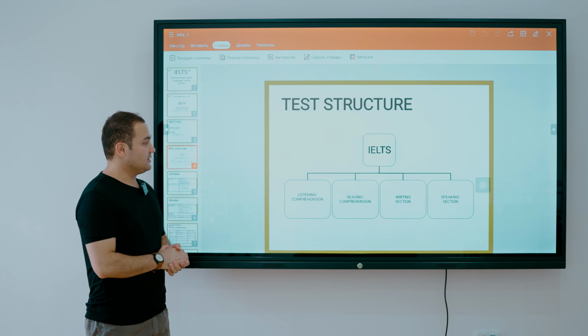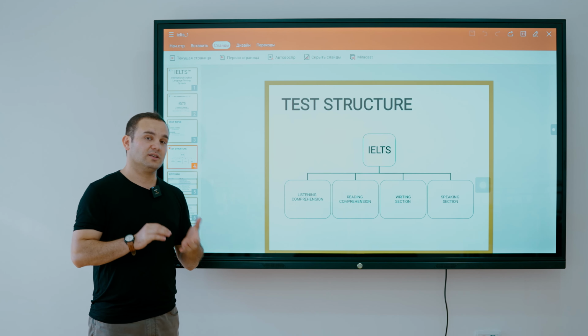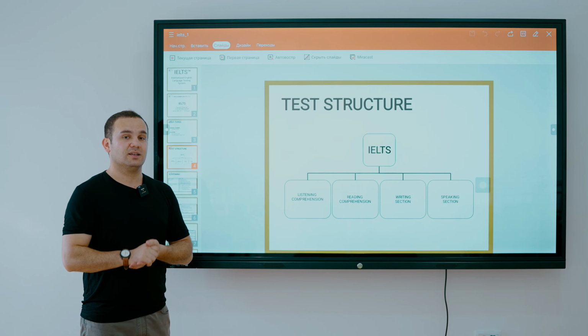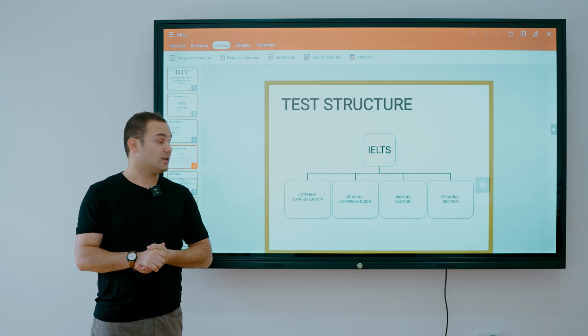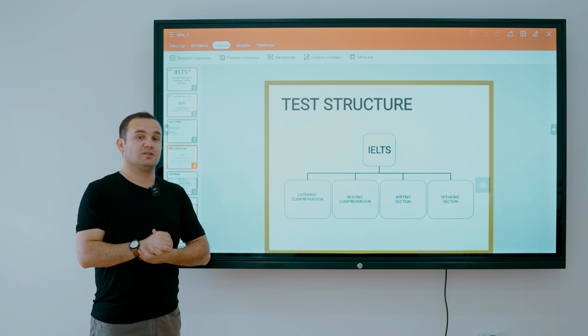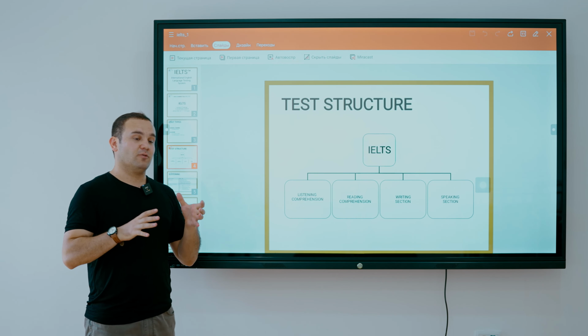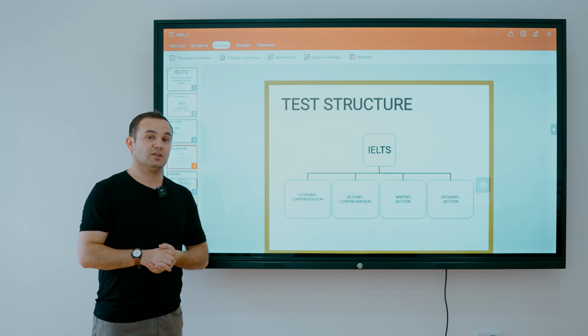The third is the writing section, where writing competence is assessed. And the last one is the speaking section, where students are evaluated according to their communication and their understanding of the language.